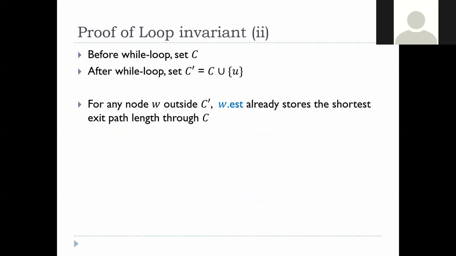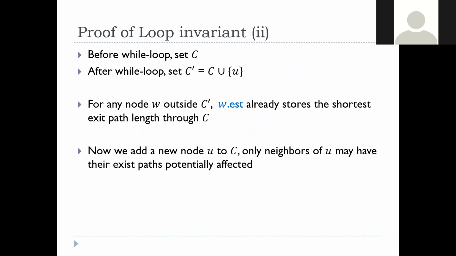And of course, there's another invariant. The second invariant says that for the nodes outside, the estimate has to store the shortest exit path length through C. Okay, and in particular, suppose this invariant holds before a specific iteration of the while loop, where we picked u.